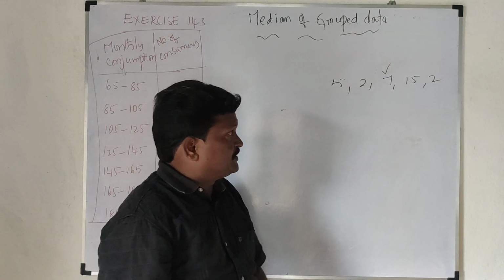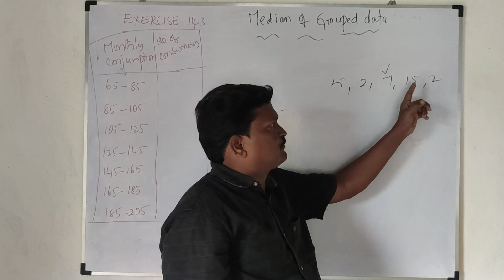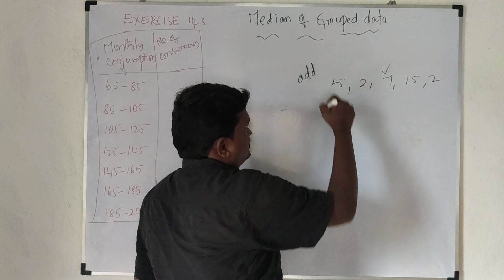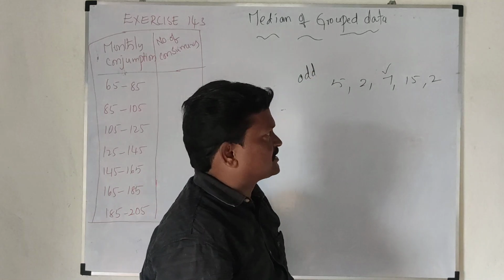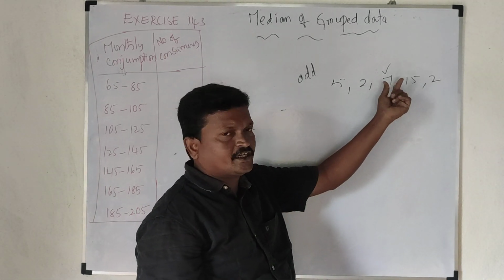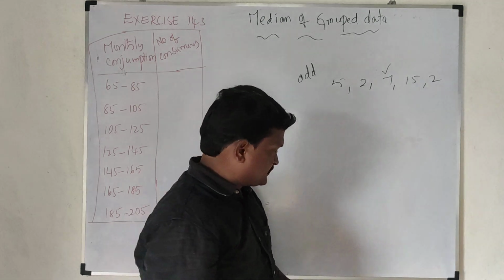Observe here, how many observations are there? 1, 2, 3, 4, 5. It is an odd number of observations. That time we will get only one middlemost value, and that middlemost value becomes the median of the data.